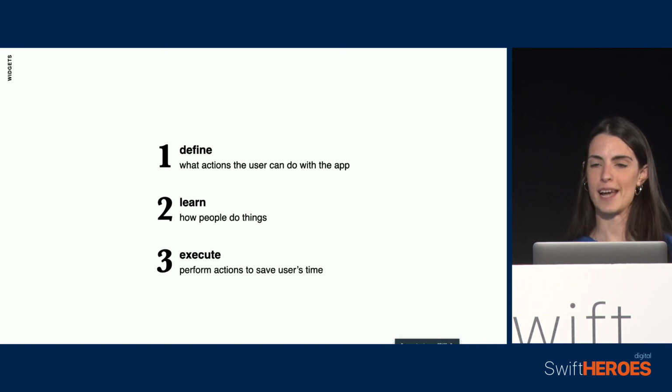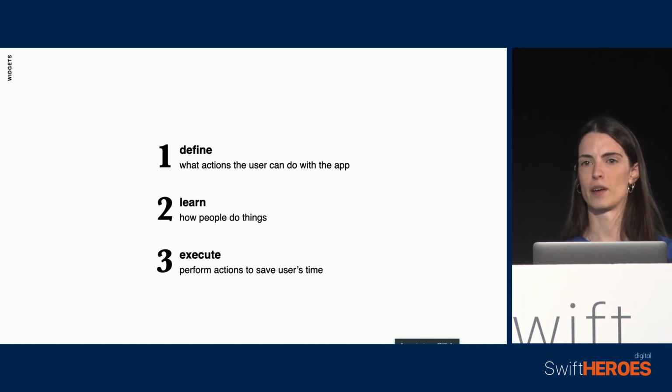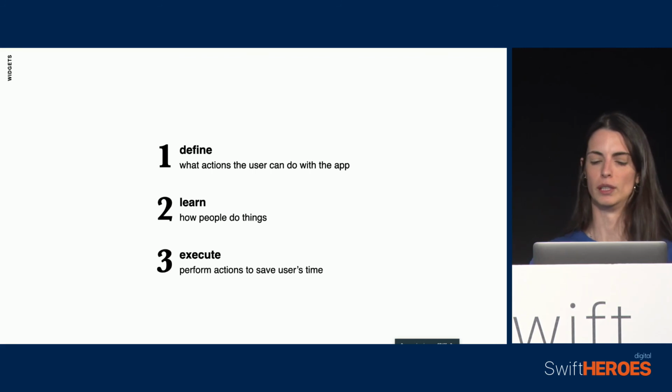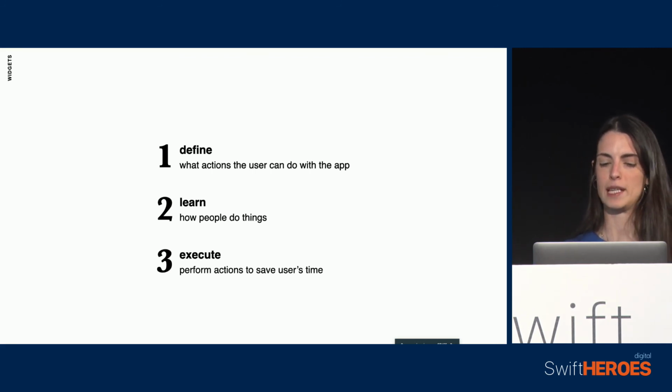We can define the action and also the parameters that are really important in that application. It allows us to learn how people do things, so we can learn their behaviors and their actions through the intent donation. Once the system has learned how we behave, it can execute some actions to save our time, and it can also perform predictions.